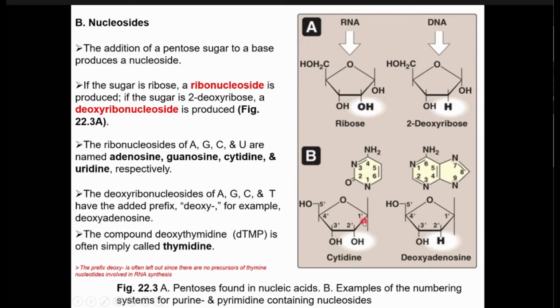So if you don't write 1' here, how do you differentiate between the 1' here and the 1 in here? Do you get my point? We do the 1' to differentiate. The 1' is in the sugar molecule, and the 1 without a prime is in the base.